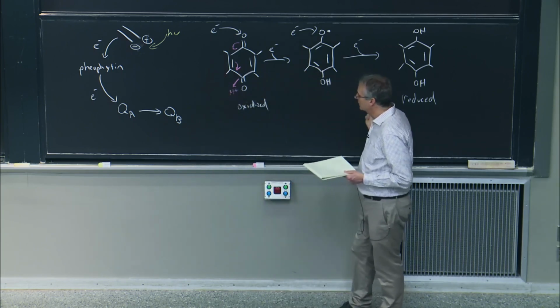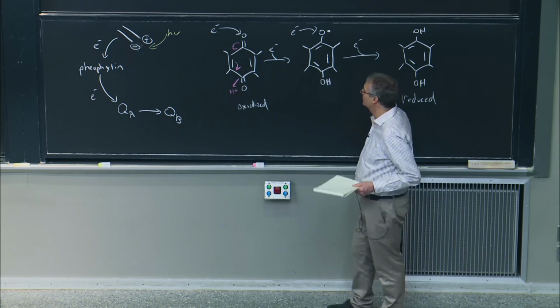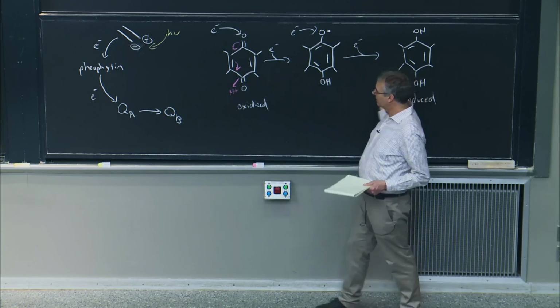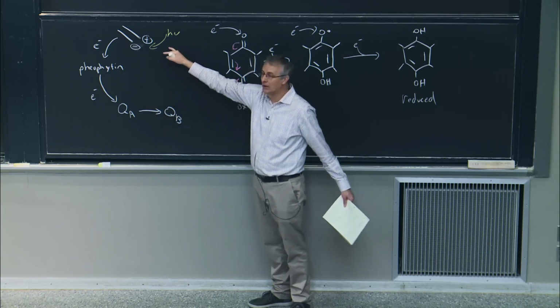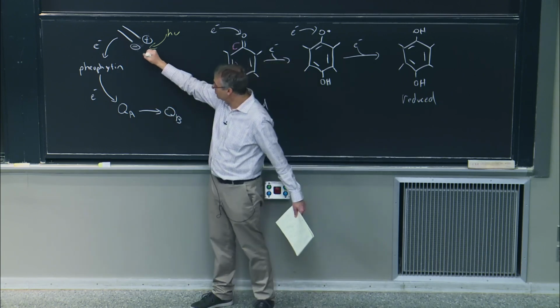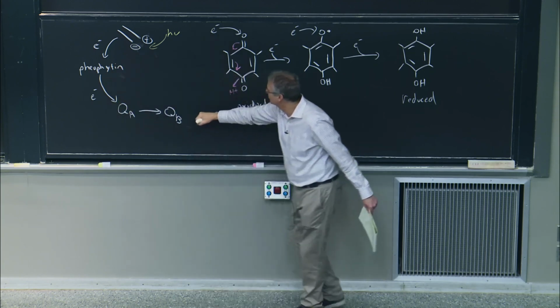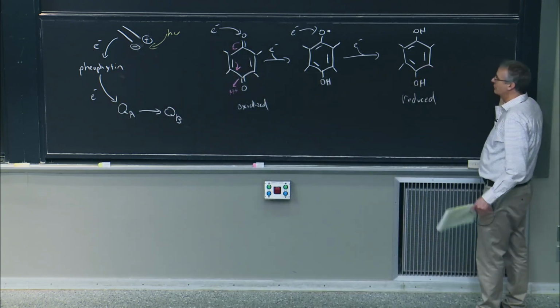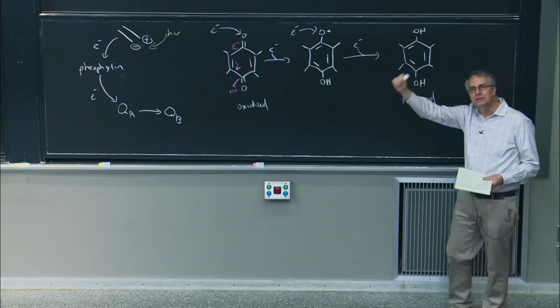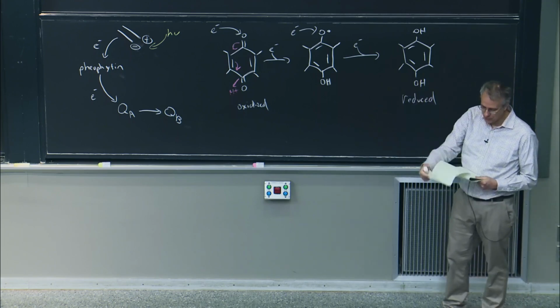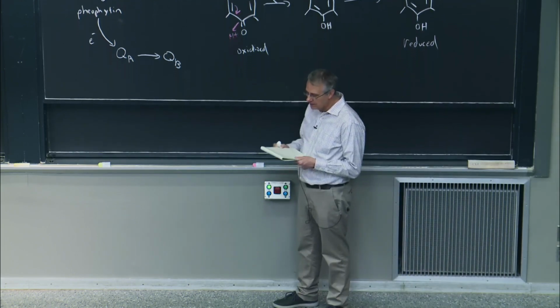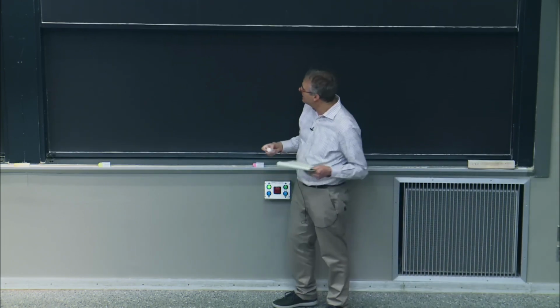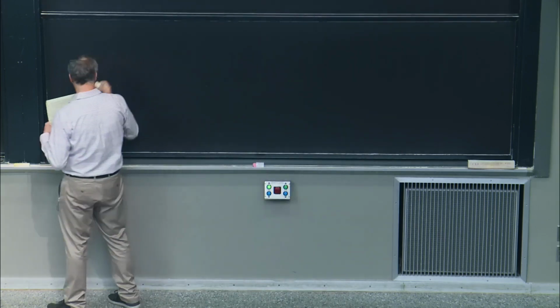Exactly what happens here in photosynthesis, except now that electron is basically coming from transfer of an excited electron from the special pair to the pheophytin, ultimately to the quinones, and then from the quinones can now be transferred down an electron transport chain.